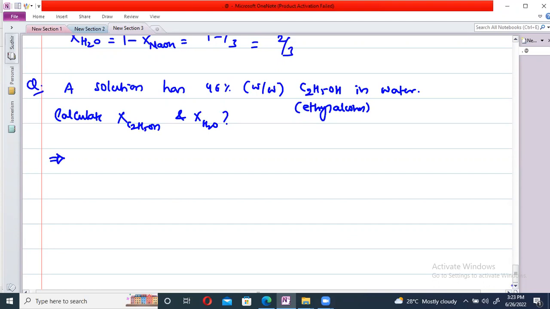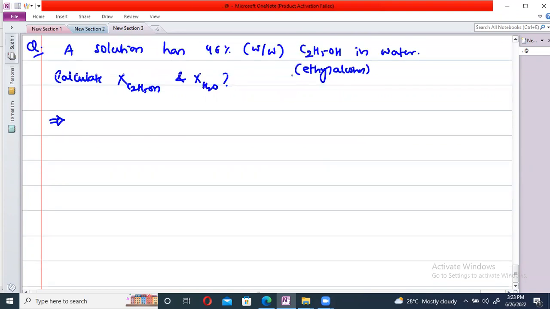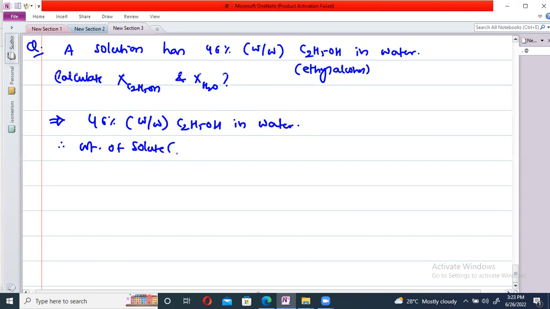See, we'll try it. Very simple. 46% weight by weight ethyl alcohol in water indicates, first, the weight of solute. Ethyl alcohol is the solute: 46 gram.